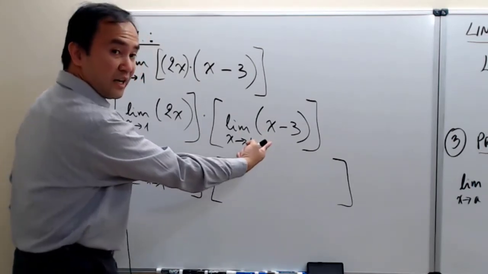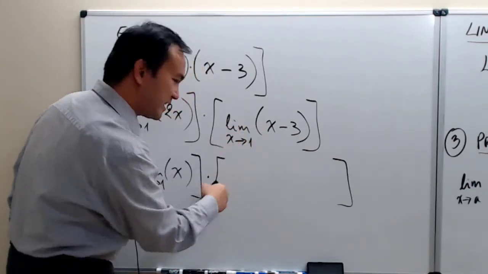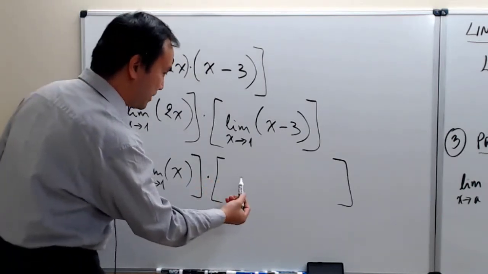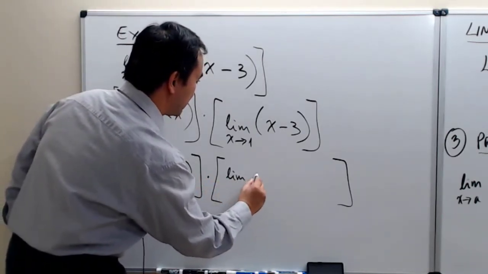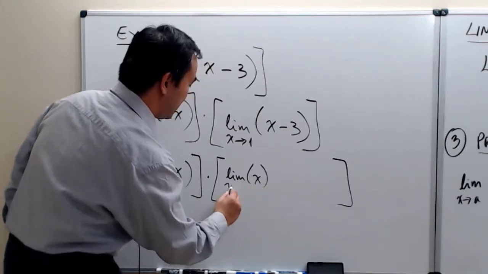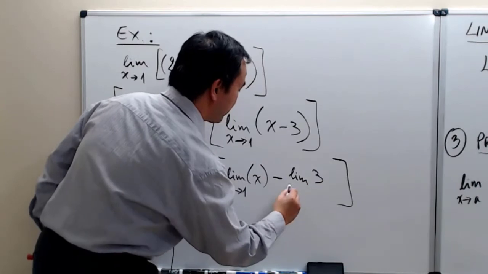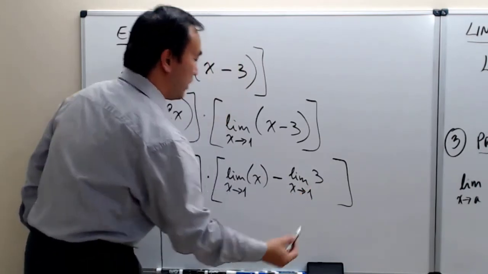So the difference rule again applies here. You can already start applying those laws we have learned earlier. So here we're looking at the limit of x as x gets close to 1, minus the limit of 3 as x gets close to 1.